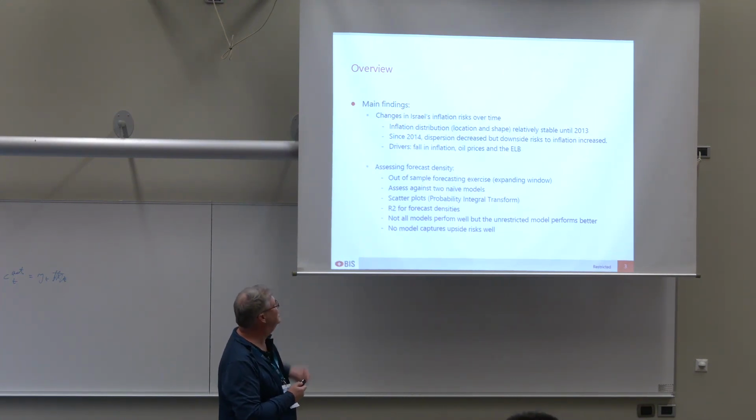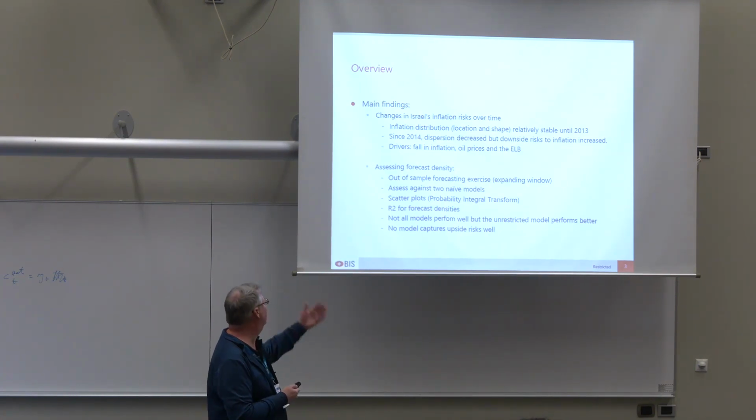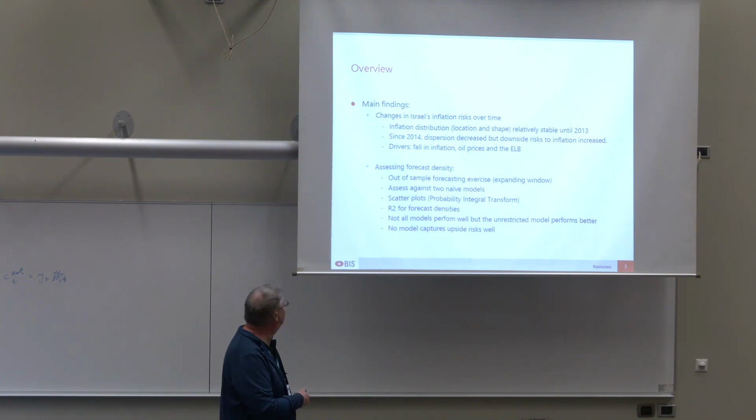What has driven this change are falling inflation, the falling oil prices, and potentially also the effective lower bound. I think that there is some evidence for this, but it's not conclusive in your paper. And then the authors find that not all models perform well, but the unrestricted model performs better, and no model captures the upside risk well.